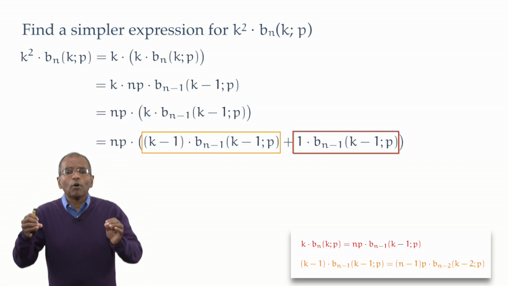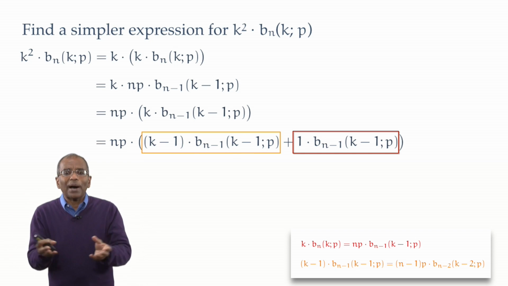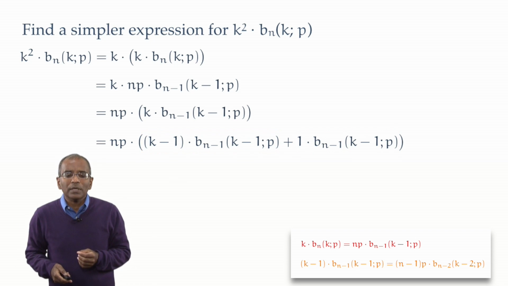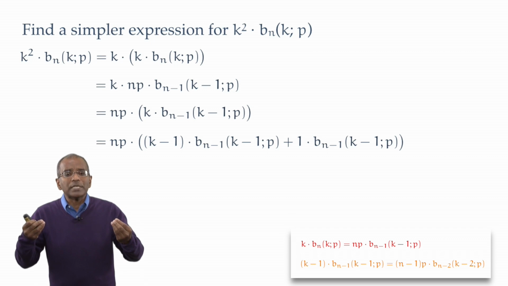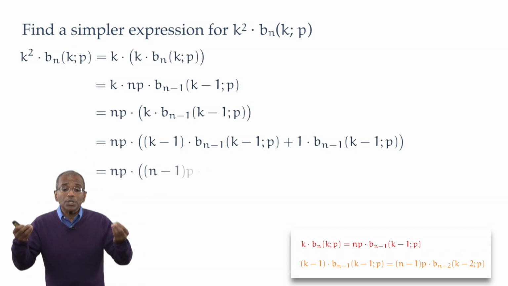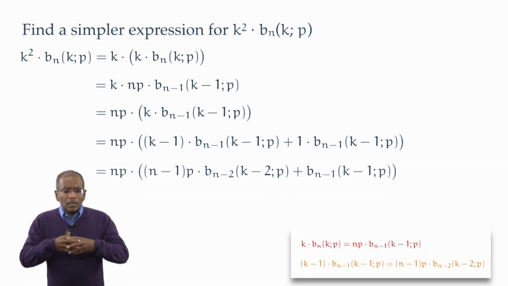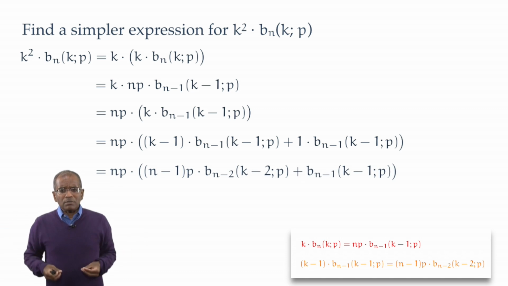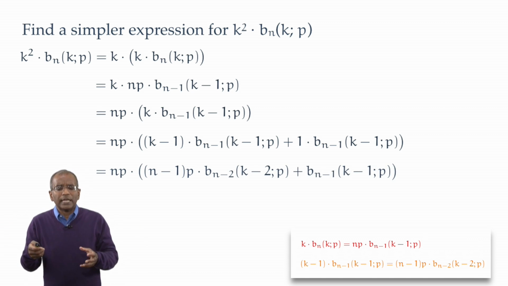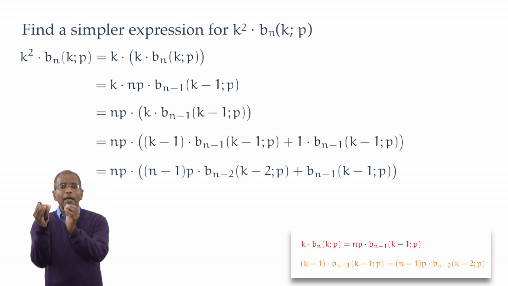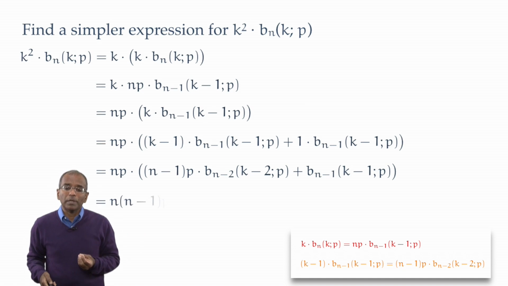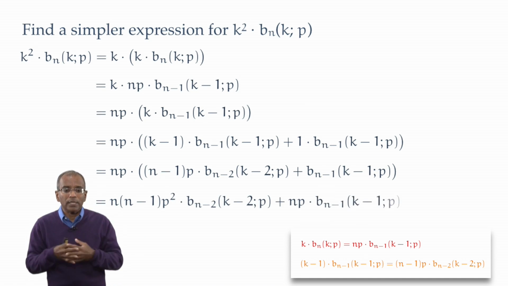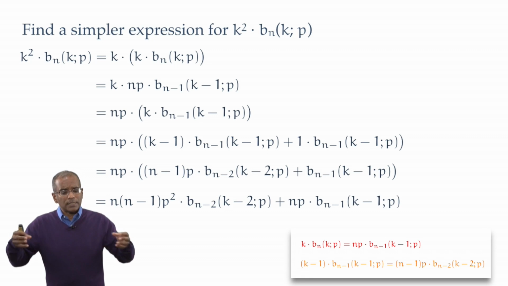Because now we've got, again, a basic binomial identity that we can use, and we simply replace the first of those terms by a binomial probability involving n minus 2 now. All right, now we've got a bigger expression, and of course we could simplify it a little bit by first collecting together everything involving the binomial probability involving n minus 2 trials, and then everything involving the binomial probability involving n minus 1 trials, and now we've got an identity.